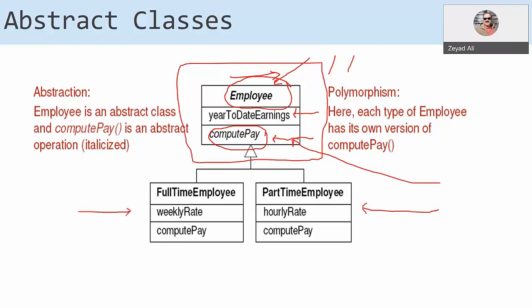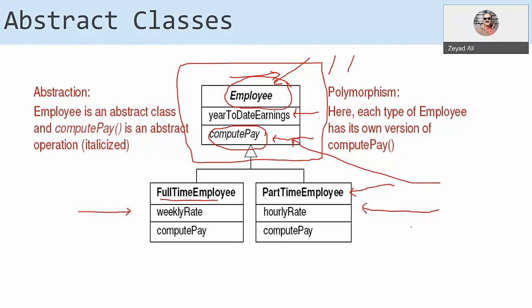For example, here, full-time employee extends employee. Okay. Then, in the full-time employee, you must implement all the abstract methods of the superclass. Again, we have another employee, which is part-time employee, extends employee.